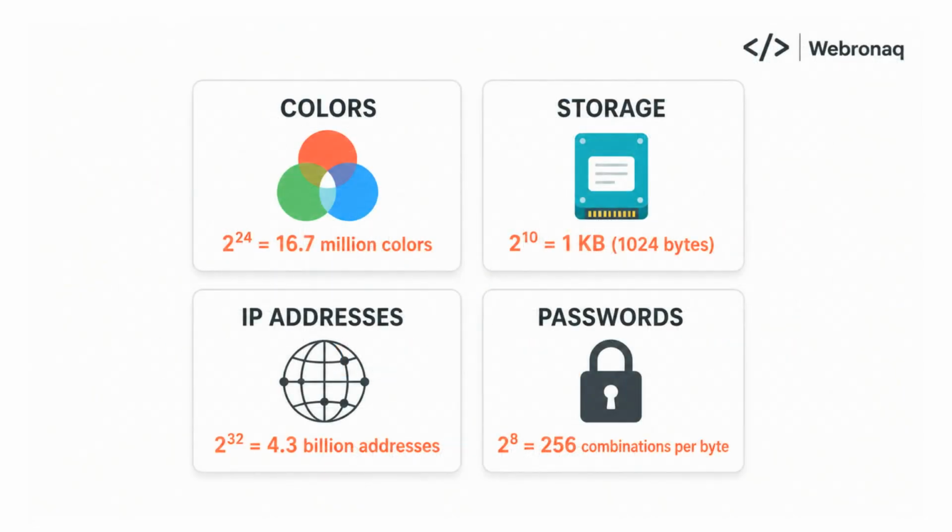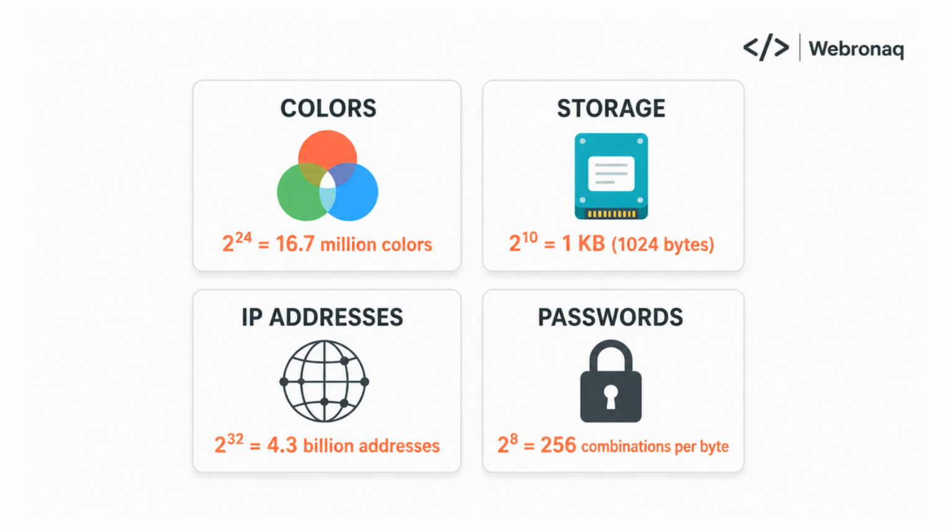Now, let's see where 2 to the n shows up in the real world. And trust me, it's everywhere. Take colors. The vibrant images you see on your screen use 24 bits per pixel, which gives you 2 to the 24 or 16.7 million possible colors. Storage works the same way. 1 kilobyte isn't 1,000 bytes. It's actually 2 to the 10, which is 1,024 bytes.